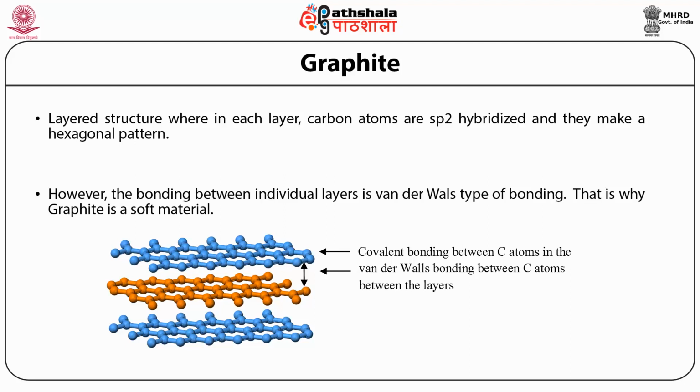However, the bonding between the individual layers is van der Waals type of bonding. That is why graphite is a soft material and is used as a lubricant. The figure at the bottom shows the covalent bonding between C atoms in blue, and the van der Waals bonding between C atoms in different layers.